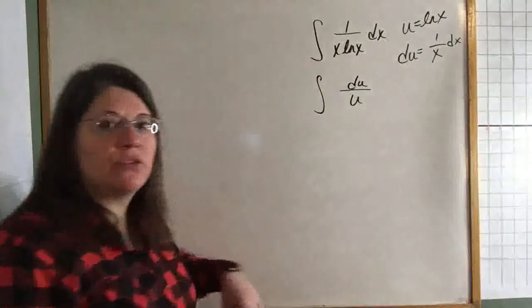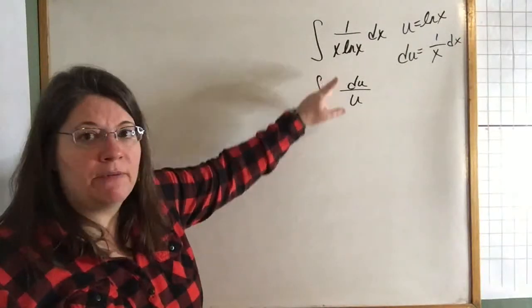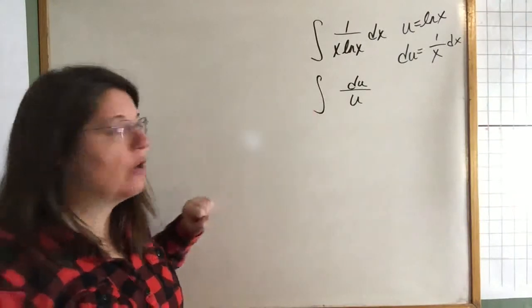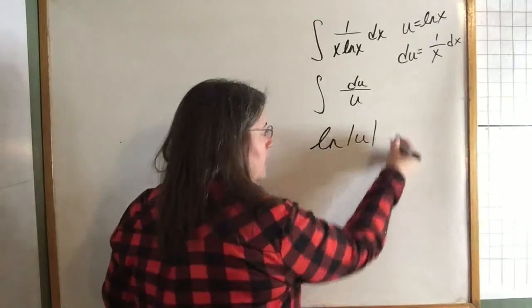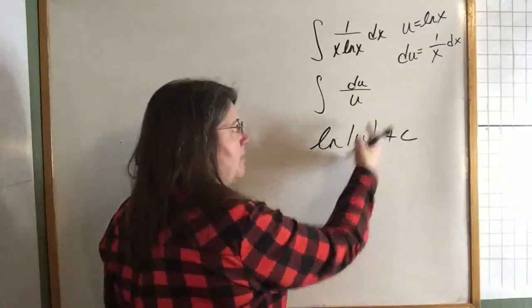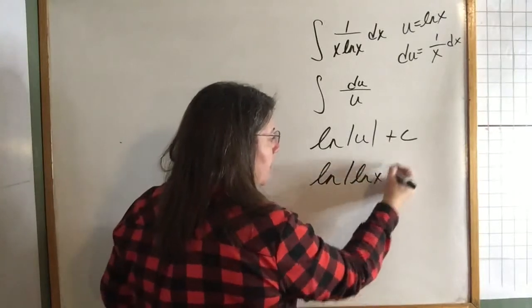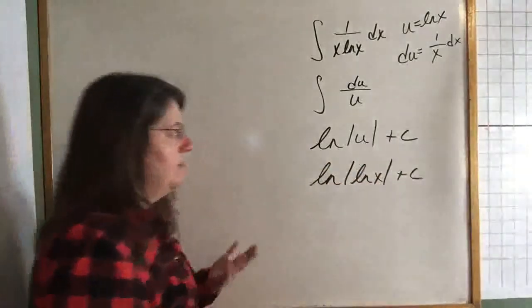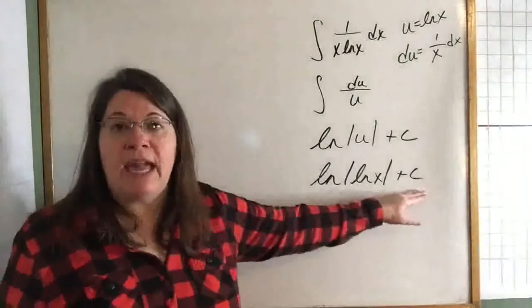So that's just du over u. Well, how do we integrate the derivative over the original? It's a natural log. So the answer there would be the natural log of the absolute value of u plus c, and then we resubstitute our u. So natural log of the absolute value of natural log x plus c. That's very strange looking, but there's nothing that says we can't do that.